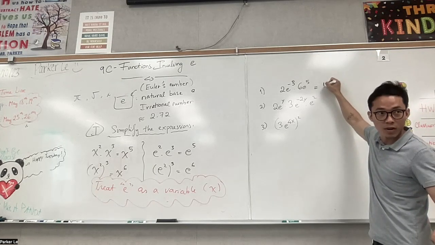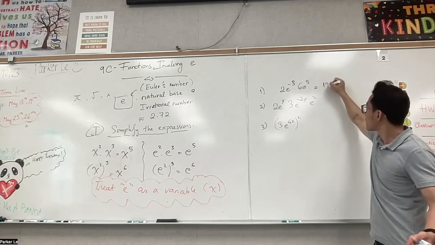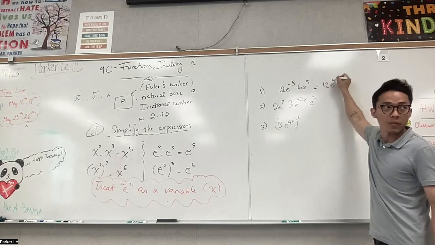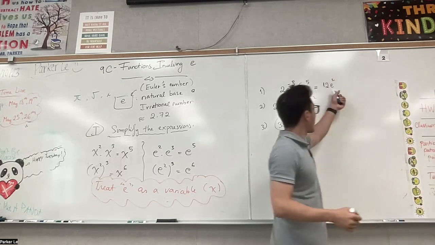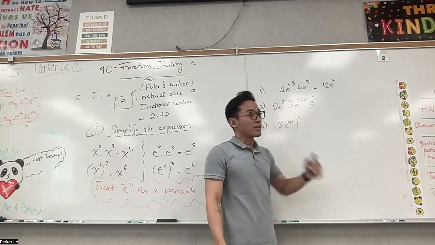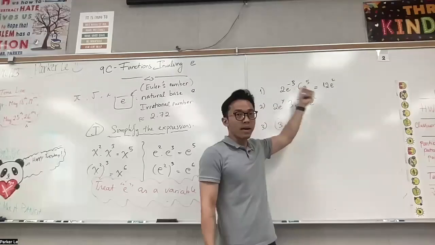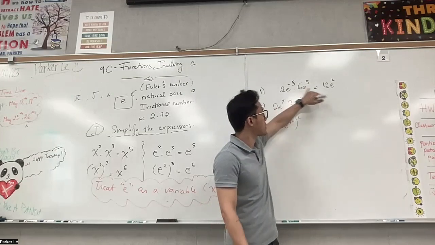Is it 12? 12e squared, right? You got the e squared correct, but you didn't get the 12 correct. You don't add them, you multiply them. 6 times 2 is 12.